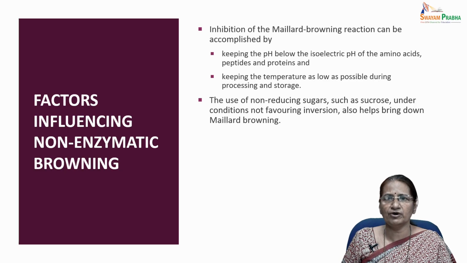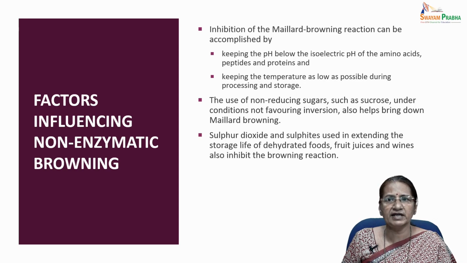The use of non-reducing sugars such as sucrose under conditions not favoring inversion also helps bring down Maillard browning. Sulfur dioxide and sulfides used in extending the storage life of dehydrated foods, fruit juices and wines also inhibit the browning reaction.